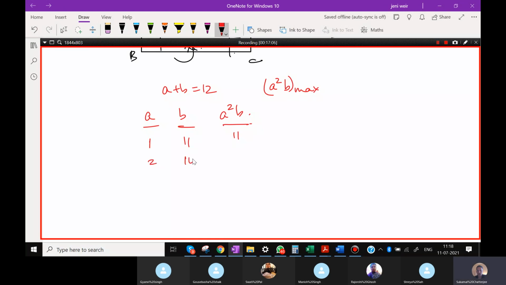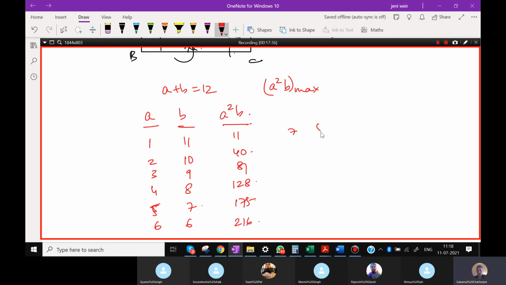If a is 2, b is 10, 4 into 10, 40. If a is 3, b is 9, that means 9 into 9, 81. 4 and 8 will give me 16 into 8, which is 128. 5 and 7 will give me 25 into 7, 175. 6 and 6 will give me 216.